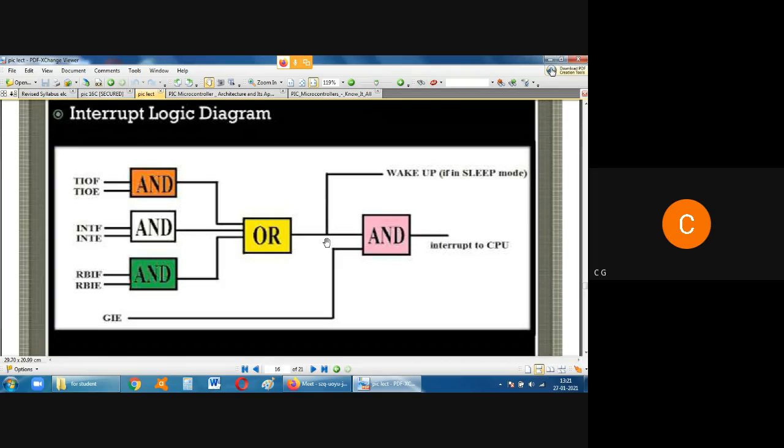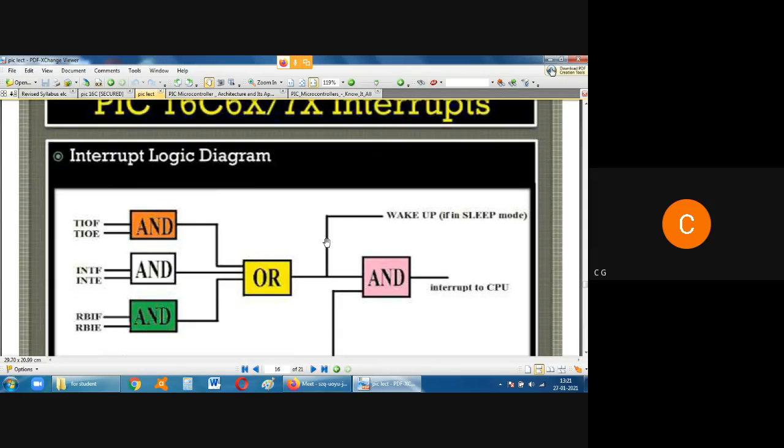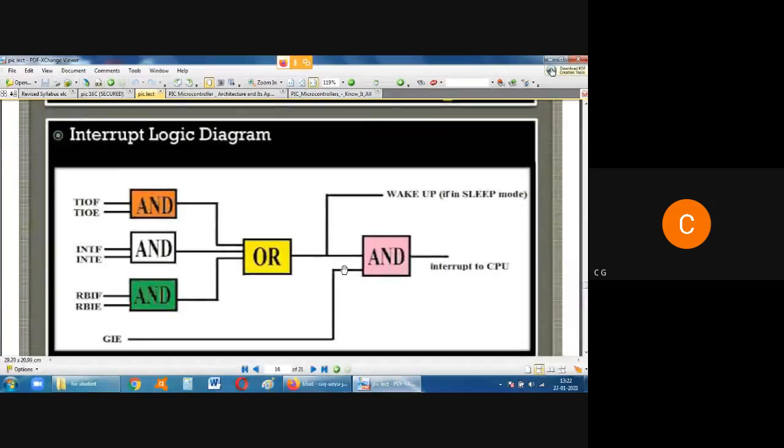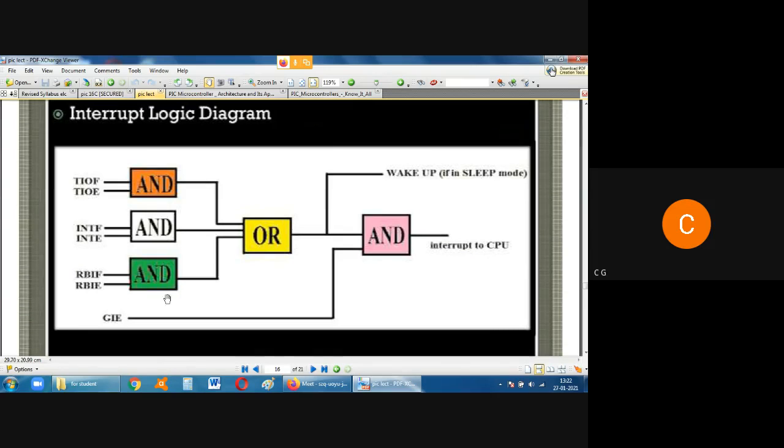So this is the way the interrupt works, with two interrupts which must be enabled in order to notify the CPU. Previously we were discussing only at the software level, where you have to imagine how it is going to work. Now you have the actual working image in front of you.